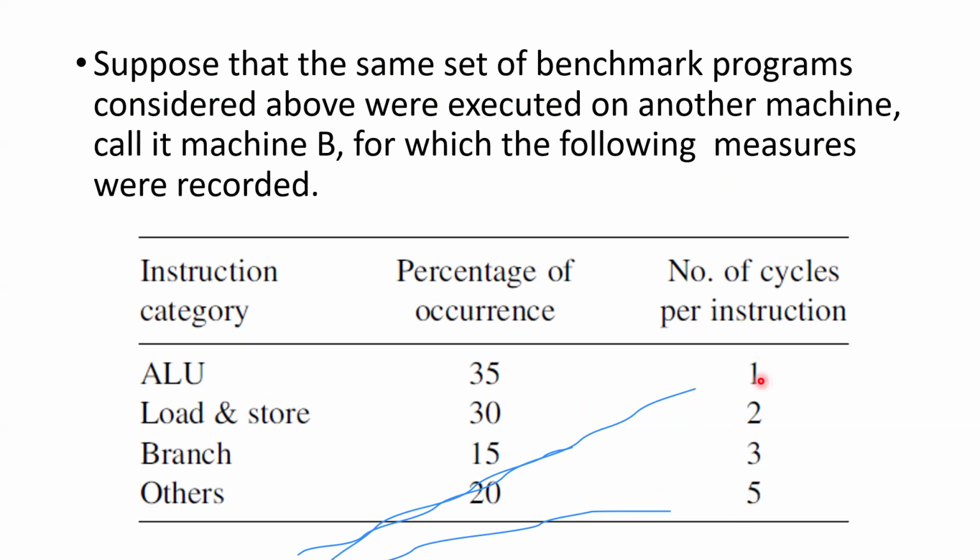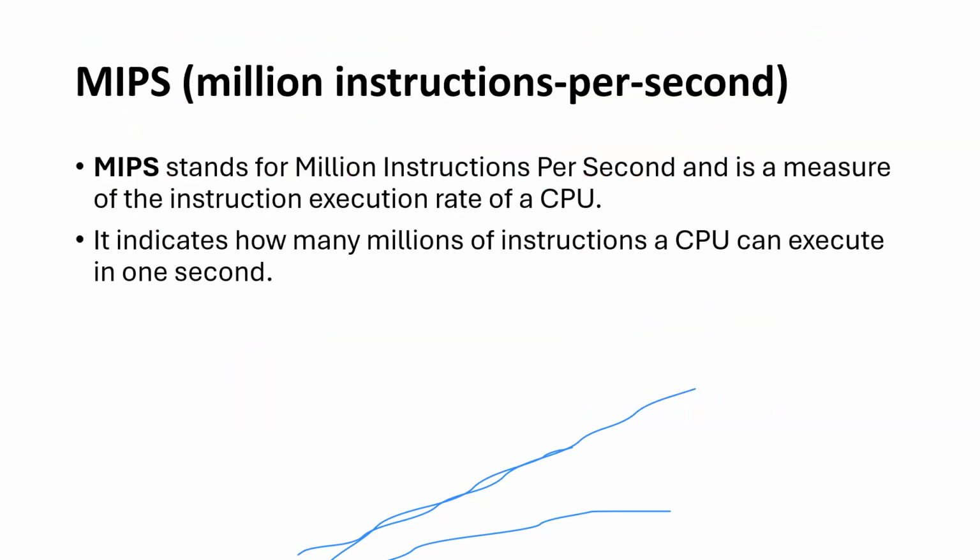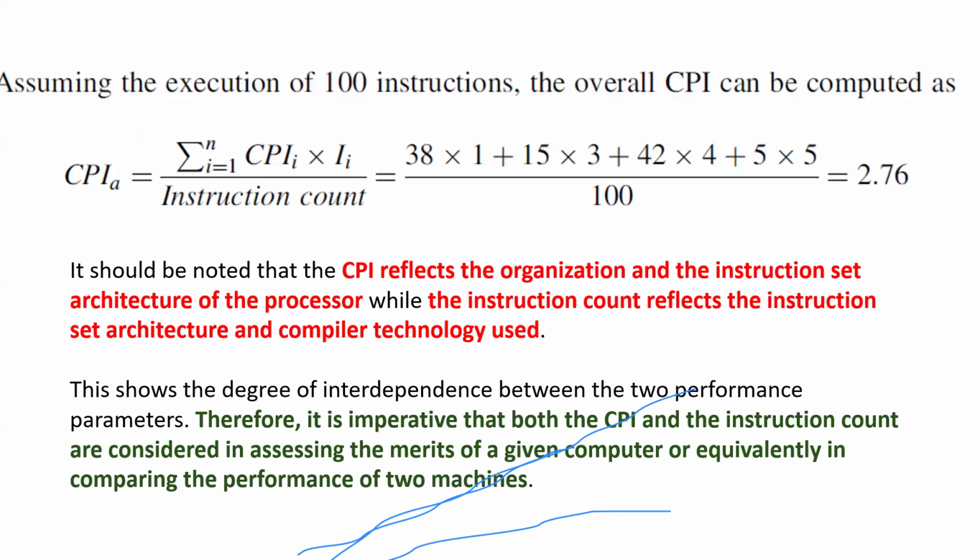But before we talk about the MIPS, what is the CPI for machine B? Dennis. Sir, please, I'm still on it. So, the formula for the CPI again. Let me leave it here.